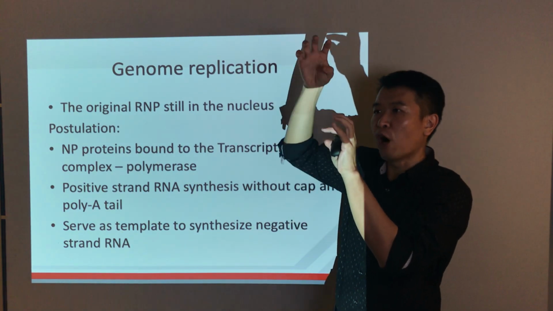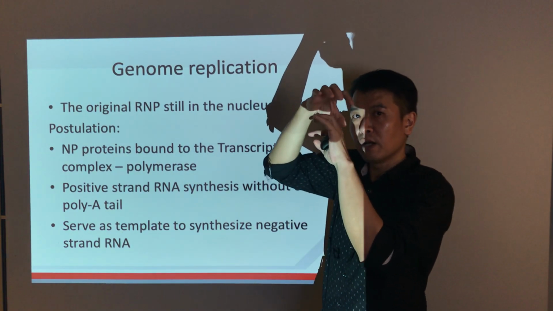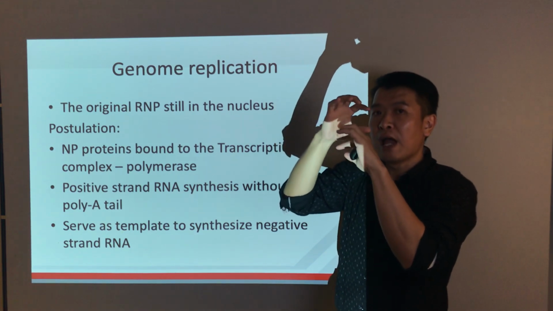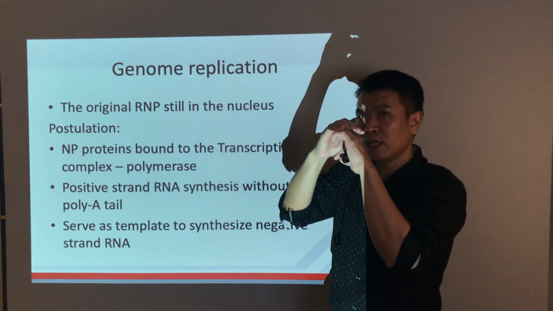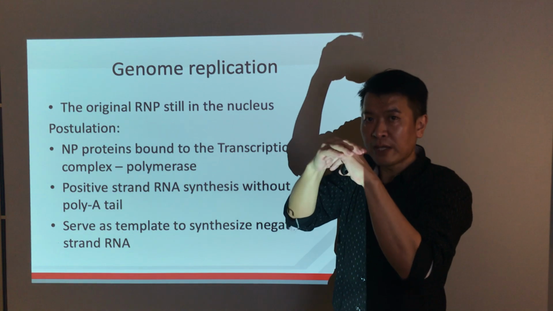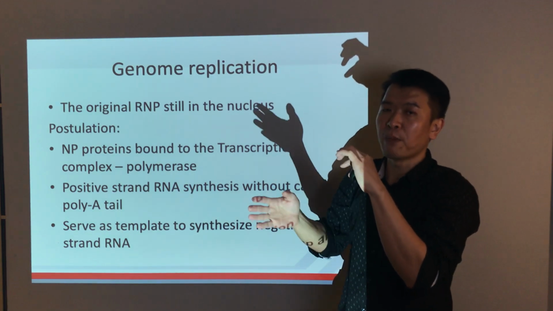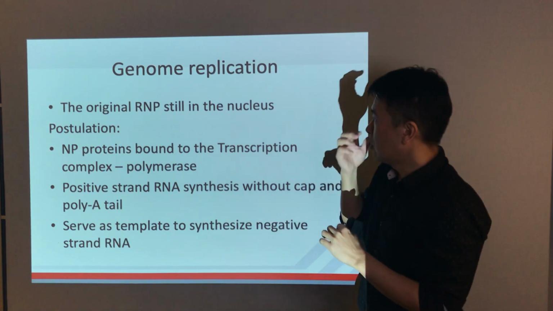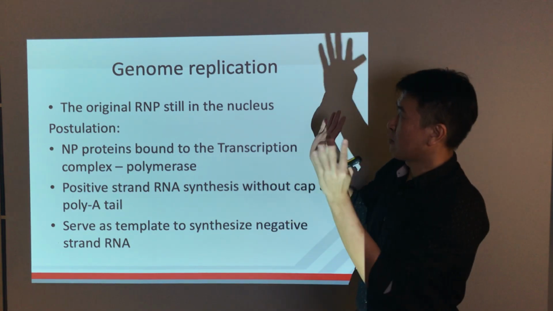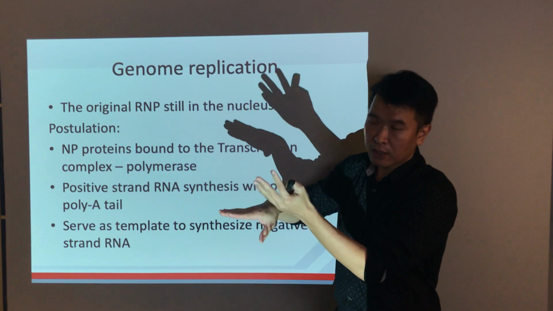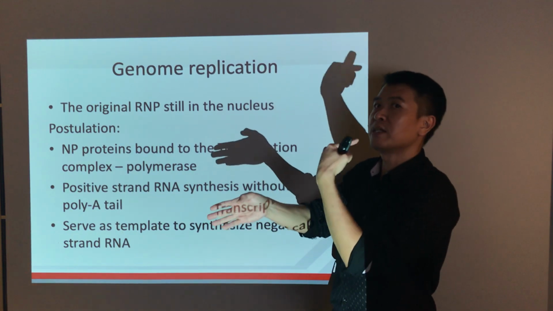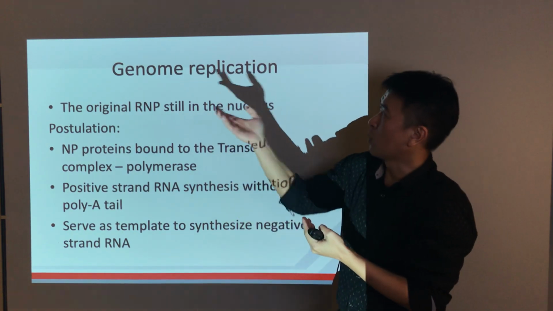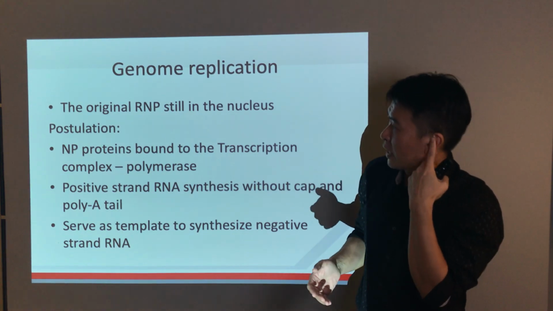Now the NP will bind to this ribonucleoprotein and signal the polymerase to stop synthesizing mRNA. Instead, they start synthesizing the viral genome. So we have completed the third step, the synthesis of viral protein. Now we come to genome replication.